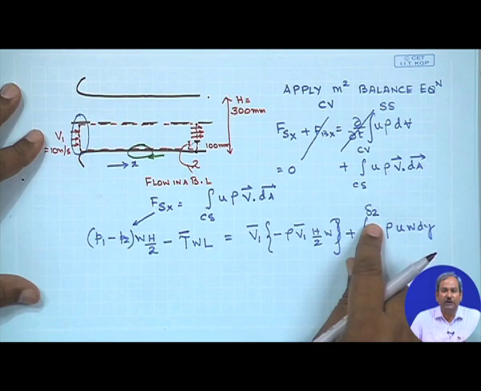The mass flow rate of the fluid which is moving out of the control volume between a point starting at 0 all the way up to 100 millimeter, that is the thickness of the boundary layer at that point. And inside the boundary layer, the velocity varies as a function of y, and we know what is the variation of velocity, which is simply going to follow the 1/7 power law.